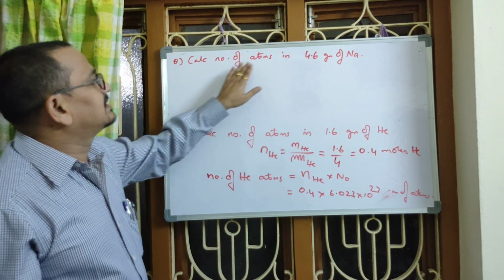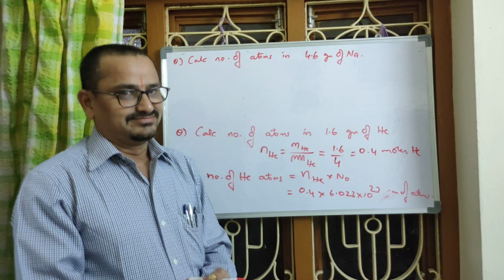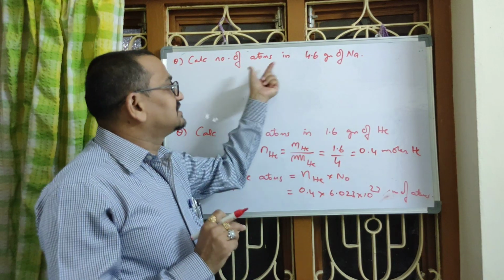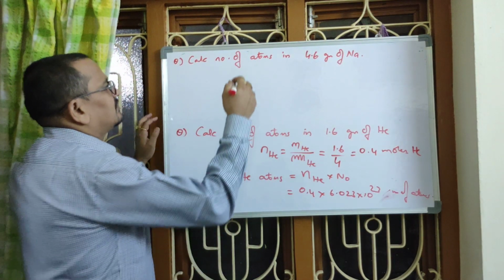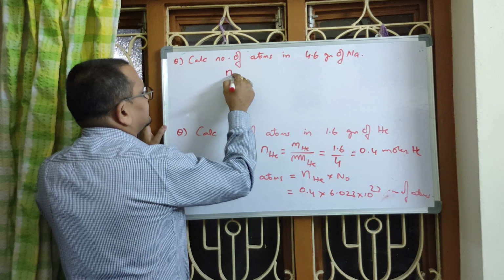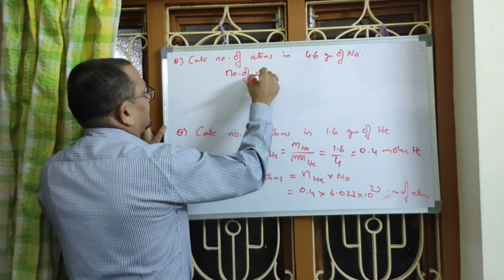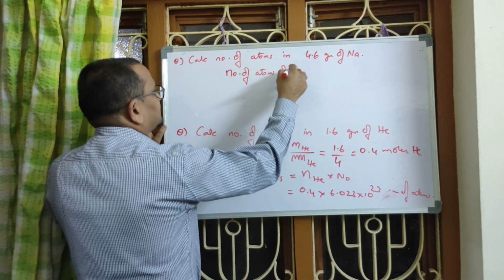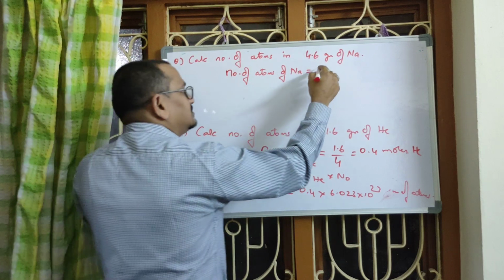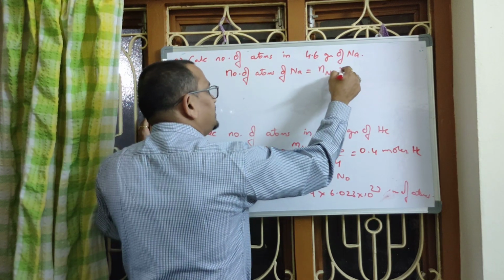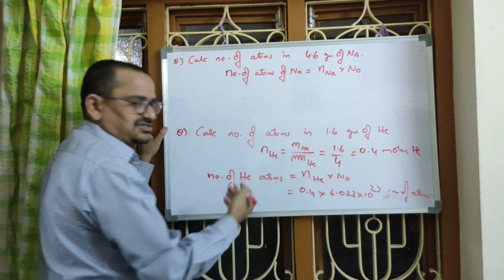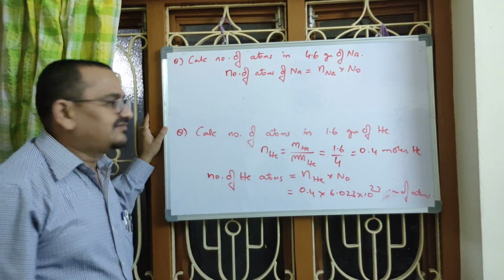We have to calculate number of atoms of sodium. Write the formula first. Number of atoms of sodium equals number of moles into Avogadro number. Same relation.